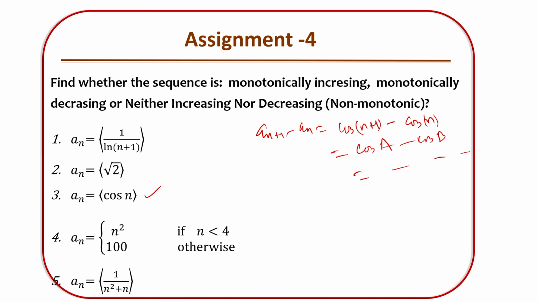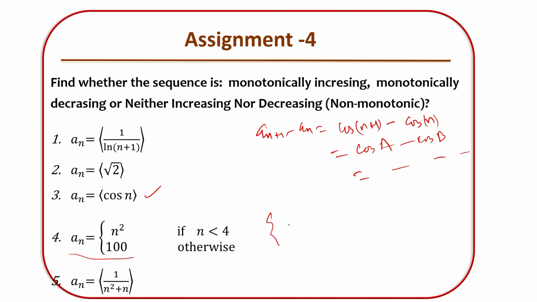You can write the formula and you will reach the conclusion that it is greater than 0 or less than 0. Since it is an assignment, I am leaving this one. Look at question number 4, a(n) equal to, so write down first what it says, and you will find out how to reach the conclusion that it is monotone increasing or decreasing or neither.